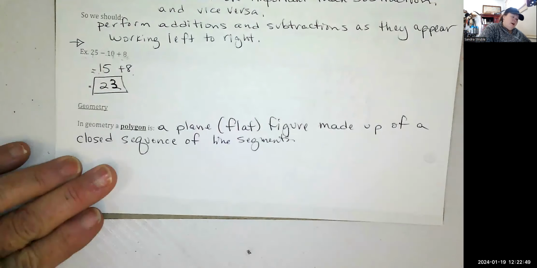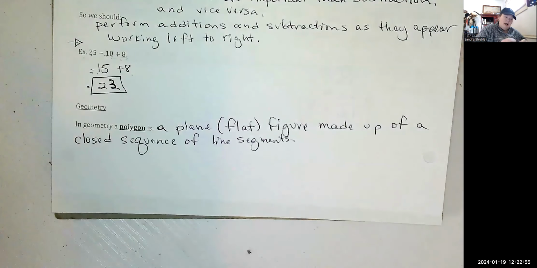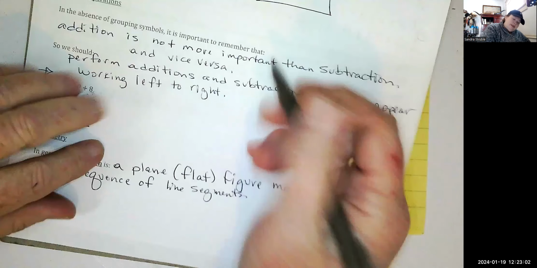Okay. The segments, they have edges and they have sides. And there's a point where the two sides meet. It's called a vertex. So let me give you an example here.